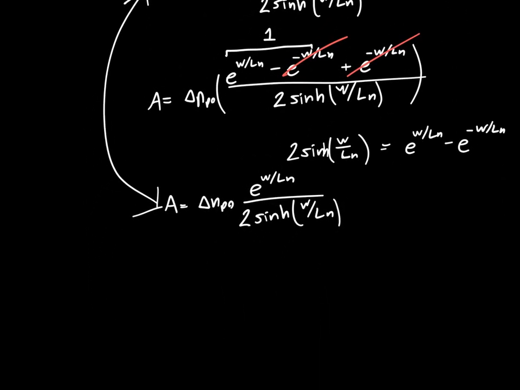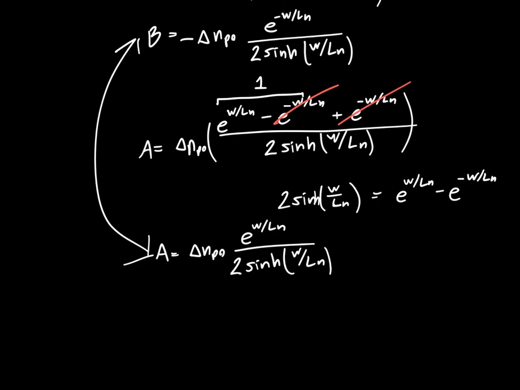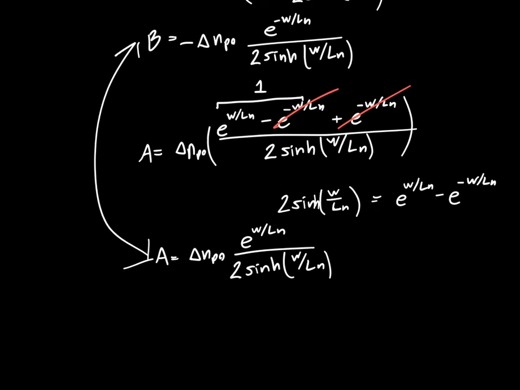Okay, so now we can plug these back into our original equation, that delta n as a function of x is equal to a e to the minus x over ln plus b e to the x over ln, just using a and b.